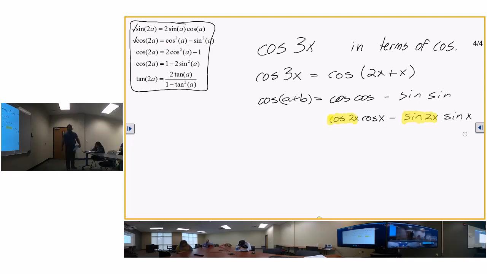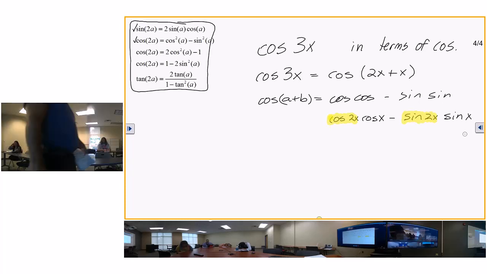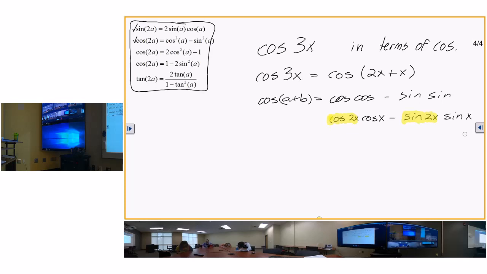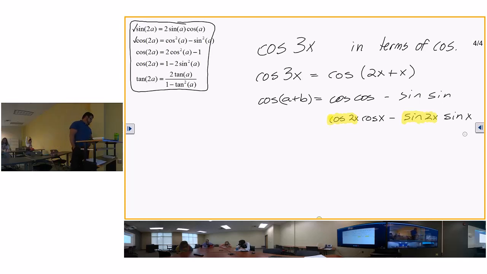What is the definition of a nested problem? A problem within a problem. You have two problems in one. This one you have to break up into the sum and difference, and then you break up into the double angle or double number.